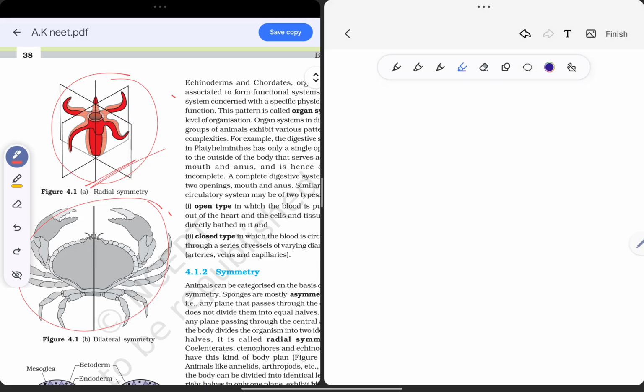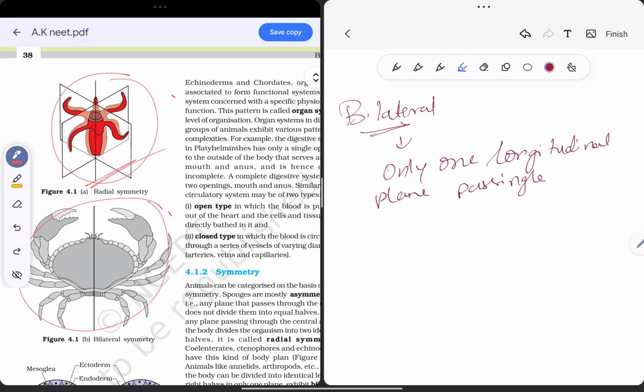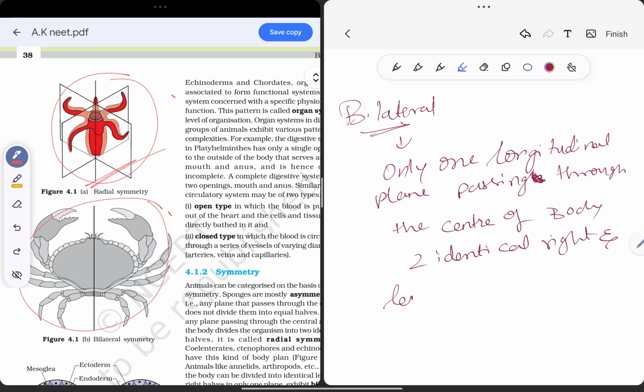If it's not like that, the other case is bilateral symmetry, where only one longitudinal plane passing through the center of the body divides the organism into two identical right and left halves. This is called bilateral symmetry.